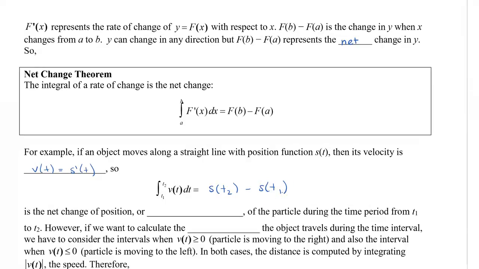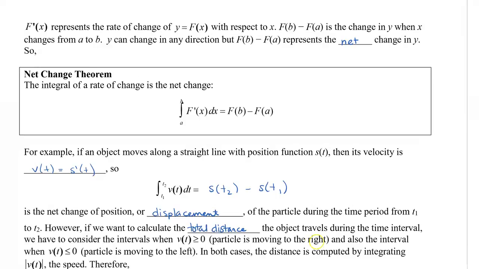Now, this is the net change of the position, or another way to call it is the displacement of the particle during the time period from t1 to t2. However, if you want to calculate the total distance, then we'll have to do something different.